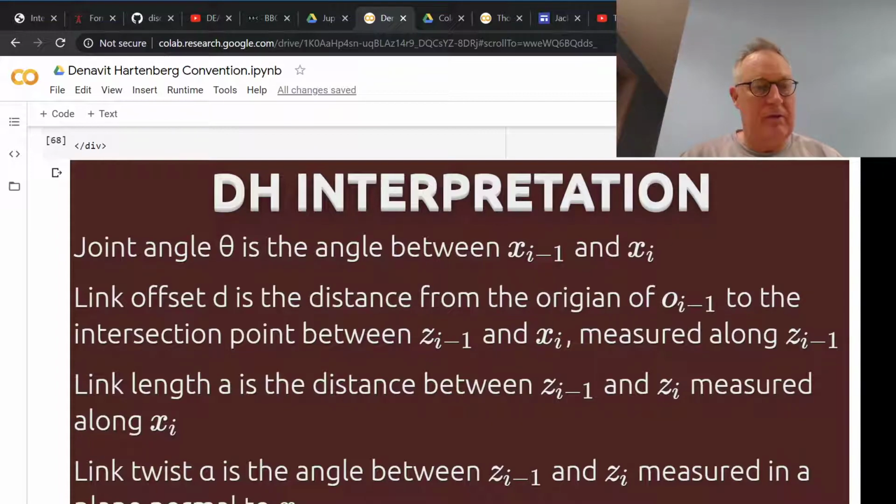We start with the inertial frame, and then iterate from 1 up to n.